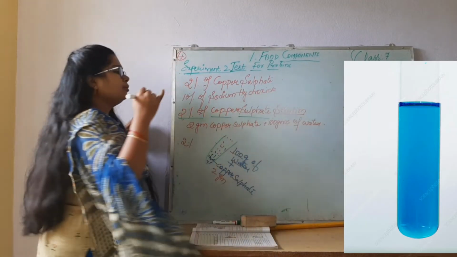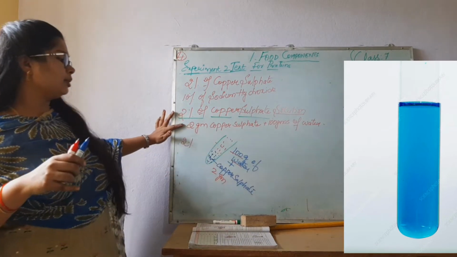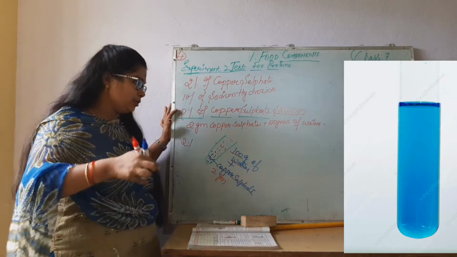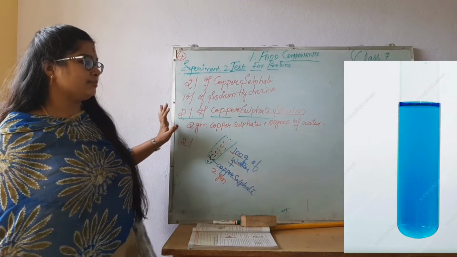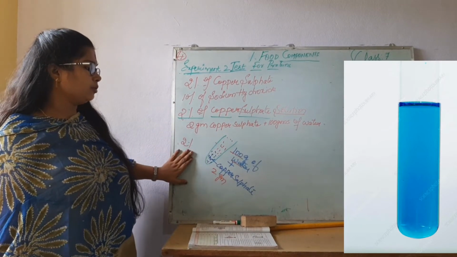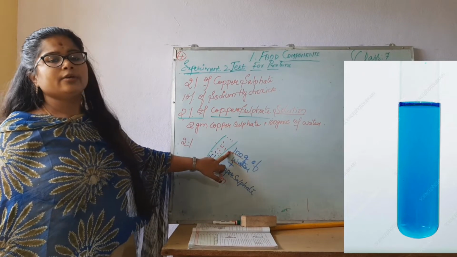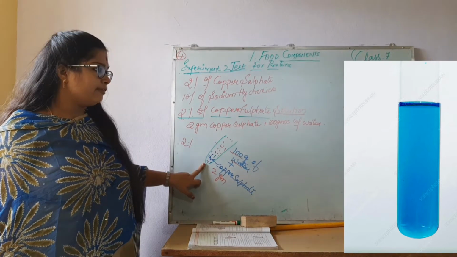Solution is nothing but something in a watery form, you can say liquid form. So 2 grams of copper sulfate added, 100 grams of water added, to make a 2% copper sulfate solution.